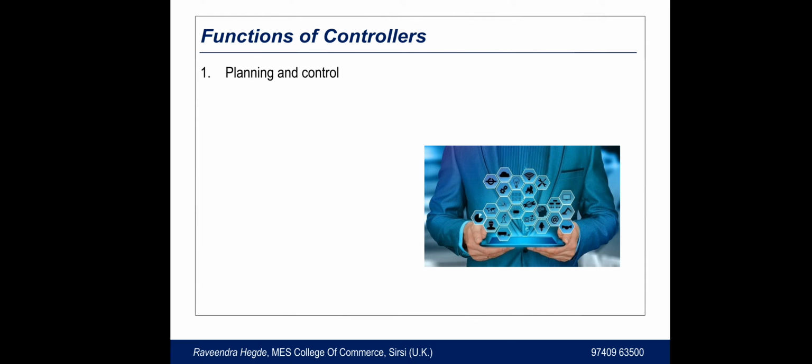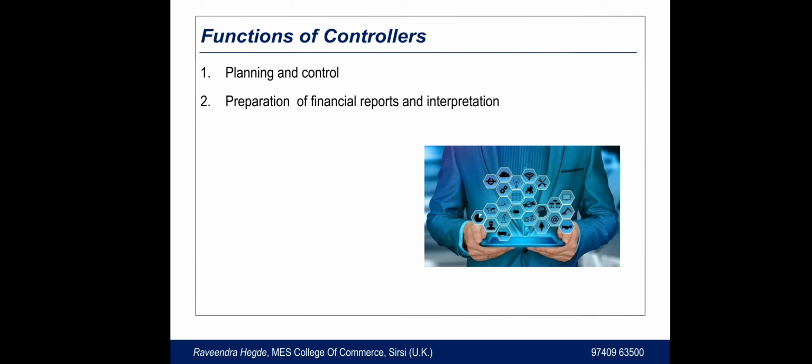Now let us discuss the controller's functions. The first one, planning and control. Providing necessary information for formulating financial plans and policies, profit planning, capital budgeting, accounting policies, dividend policies, and so on. This provides a sound basis for financial control.